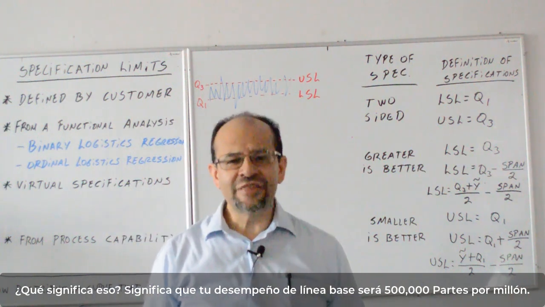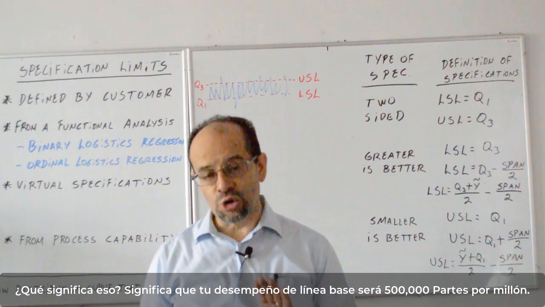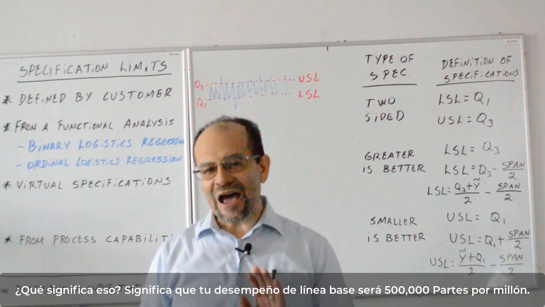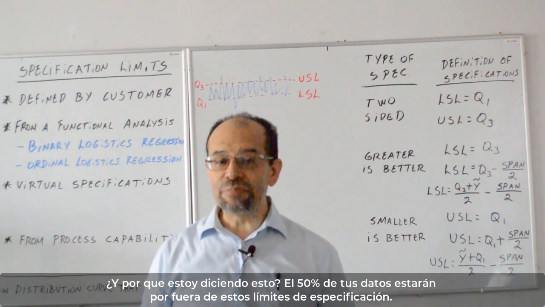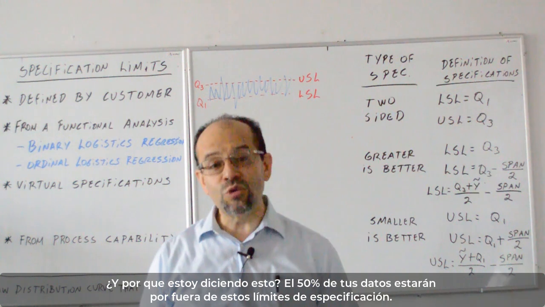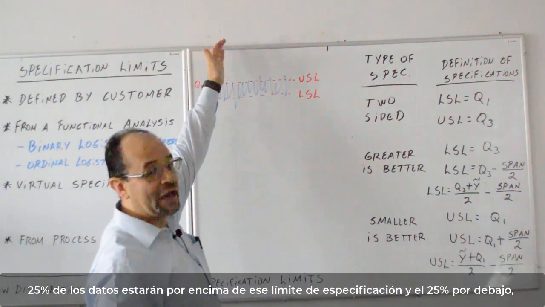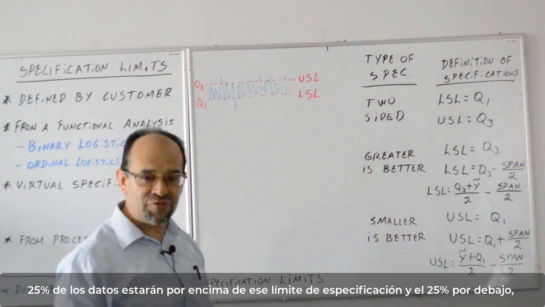What does that mean? That means that your original performance, your baseline performance, will be 500,000 parts per million. Why am I saying that? 50% of your data will be outside these specification limits. 25% of the data will be above the upper limit, and 25% will be below the lower specification limit.